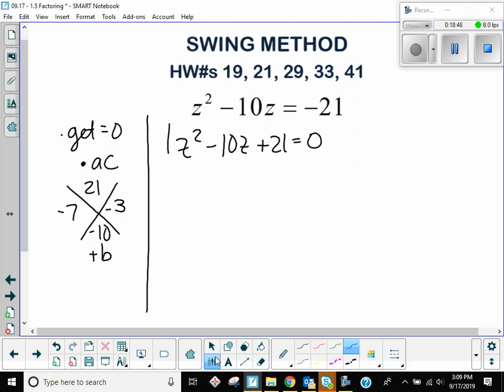And because it's a shortcut, it's like a little trick to remember. What I do from this step is take the A value. Those 2 numbers I got, I divide by the A value, no matter what it is. In this case, the A value happens to be 1. Well, dividing by 1 doesn't change anything. It keeps this as negative 3 and this as negative 7.